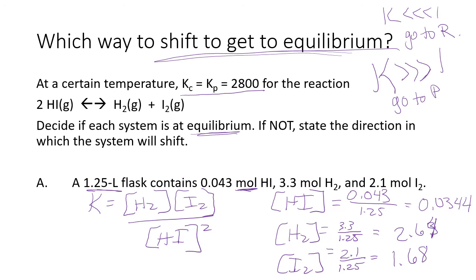Now all we have to do is plug these values in, and I end up with 2.64 times 1.68 all over 0.0344 squared.